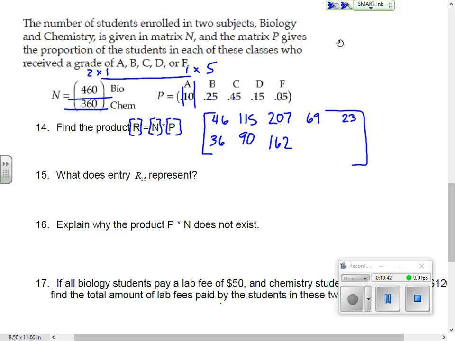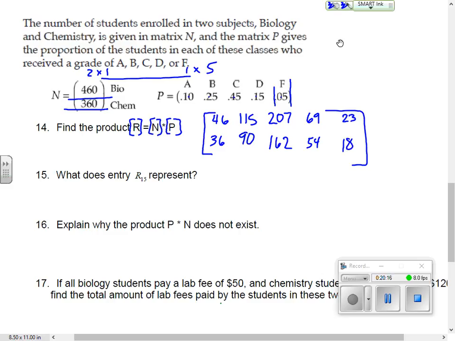Now I'm to D. 360 times 0.15 is 54. And then 360 times 0.05 is going to be 18. So that's my matrix R.